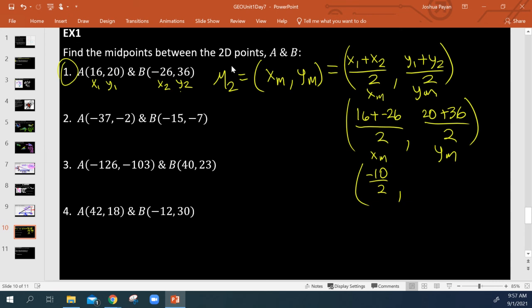And 20 plus 36, that's going to give me 56 over 2. Still not done. I can reduce further. Negative 10 over 2, that's negative 5. And 56 over 2, that's 28. So my midpoint here on number 1, my two-dimensional midpoint, is going to exist at negative 5 by 28.